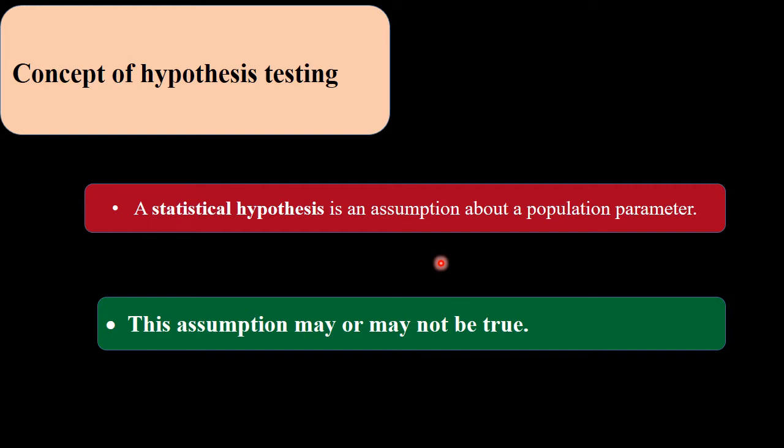If there is no gap, there is no need to do such research. We don't know whether we need to do this kind of research or not. The validity of the research we need to find with the use of hypothesis testing. Therefore, the hypothesis may or may not be true. That is one concept of hypothesis testing.